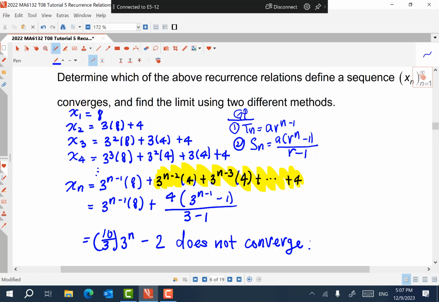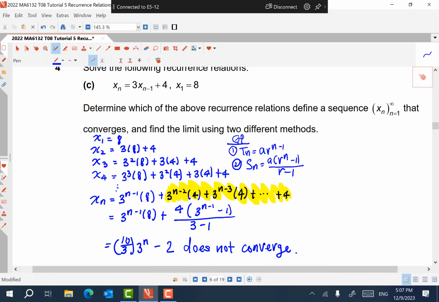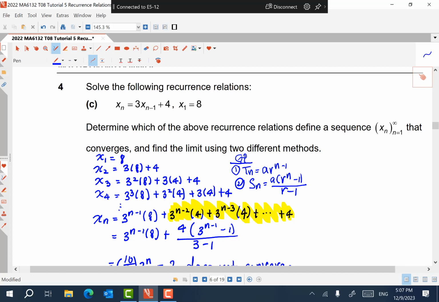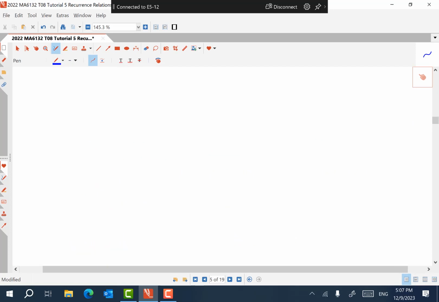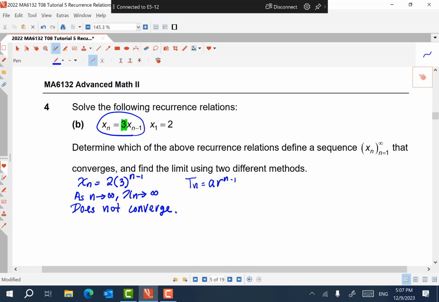Okay? You find that when I solve 4b and 4c, look at 4b and 4c. You see, it is not by chance. If you look at 4b carefully, in front of the xn minus 1, there's a 3.